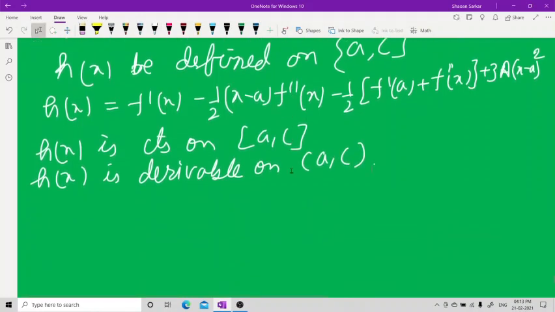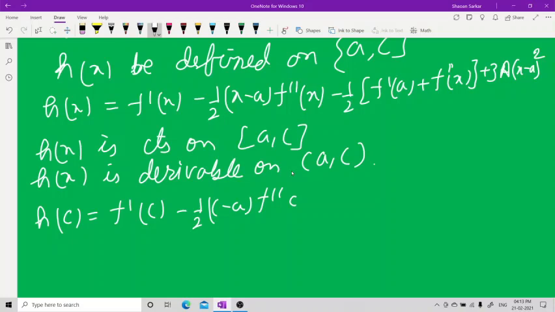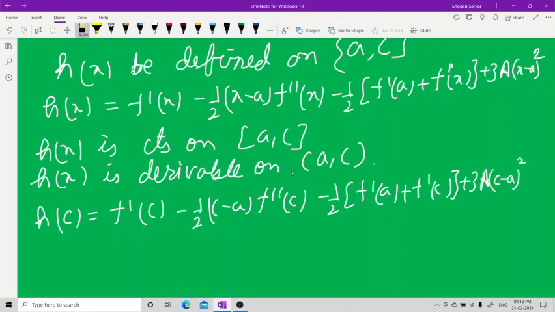Now try to find hc and ha. What is hc? hc is f dash c minus half [f dash a plus f dash c] minus half (c minus a) f double dash c plus 3a (c minus a) whole square.